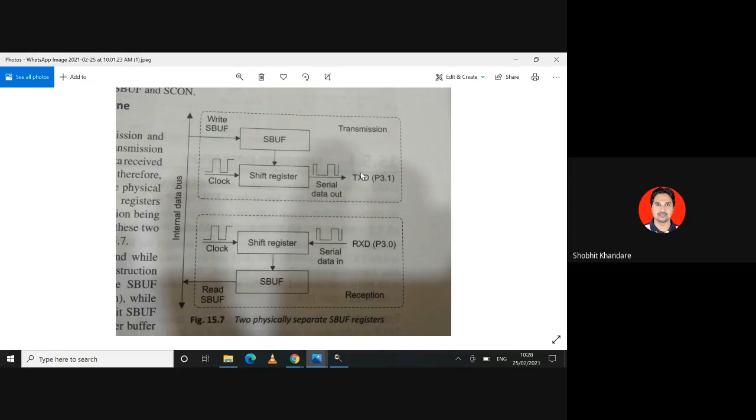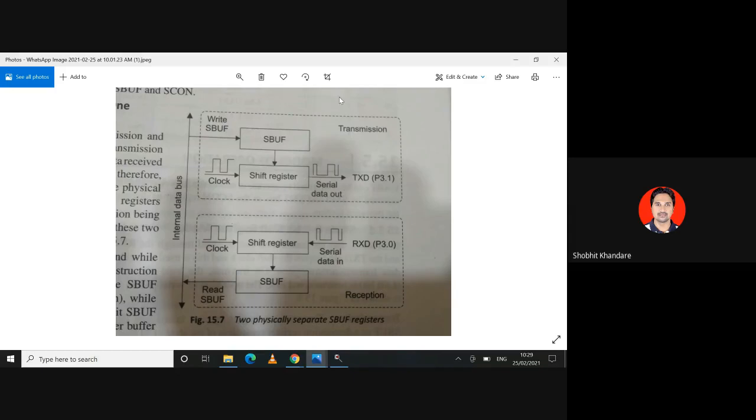For transmission, the SBUF is called the transmit buffer, and this SBUF is the receive buffer. It is the same name, SBUF, meaning serial buffer, but one is called transmit buffer and the other is called receive buffer.